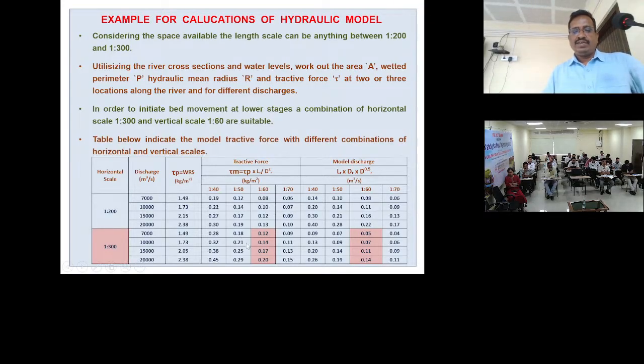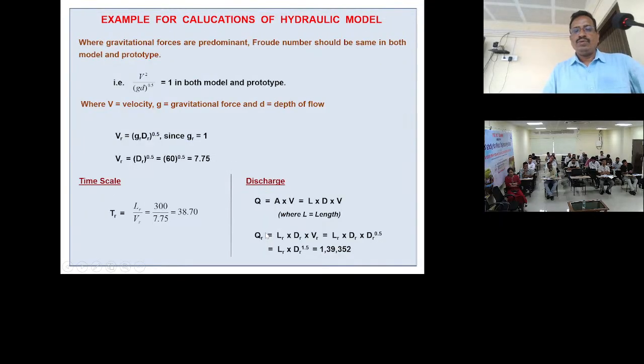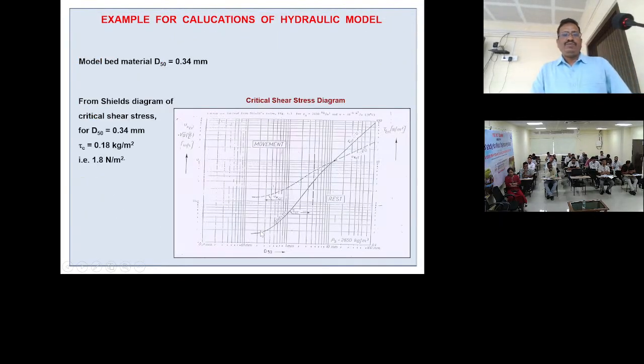So in this case what is happening here, tractive forces, you can go here for tractive forces. The D50 of the model bed material is 0.34. If you take this critical shear stress diagram to know the critical shear stress, if you take this 0.34 mm here, the critical shear stress will come 0.18 kilogram per meter square.